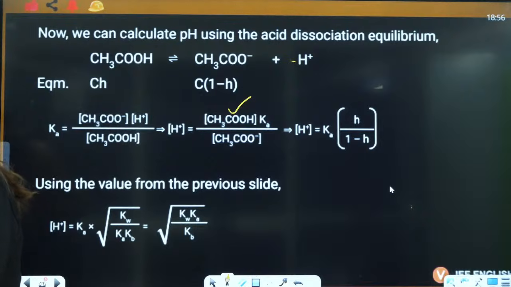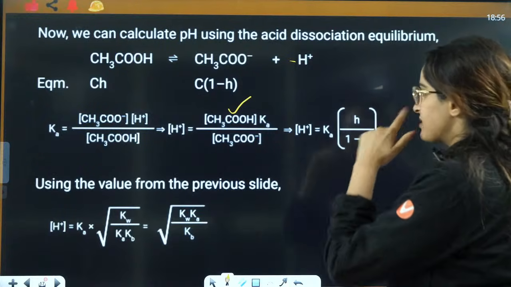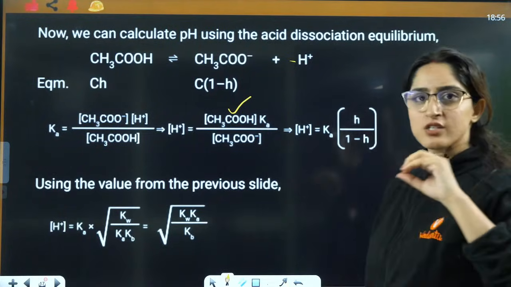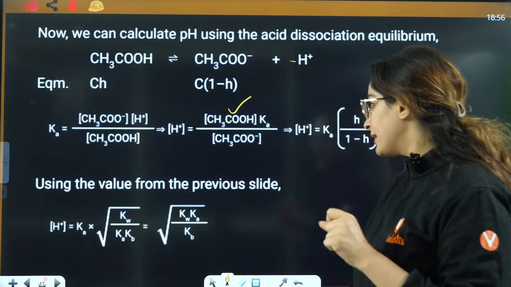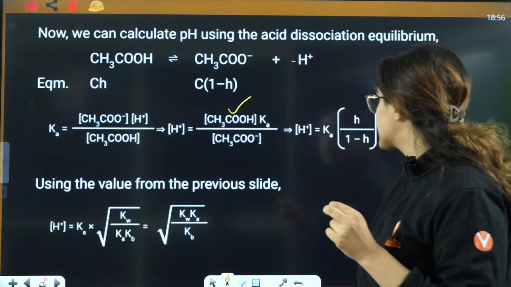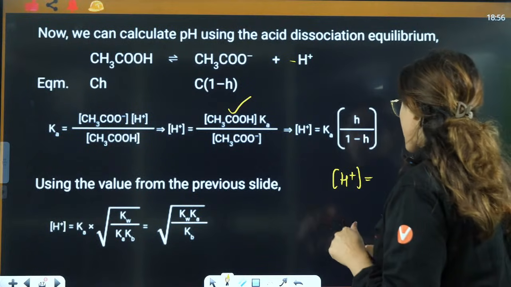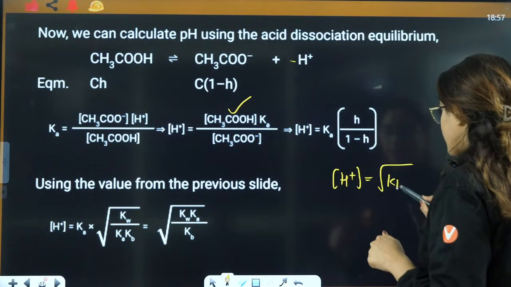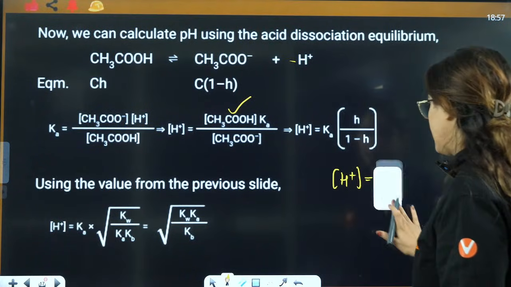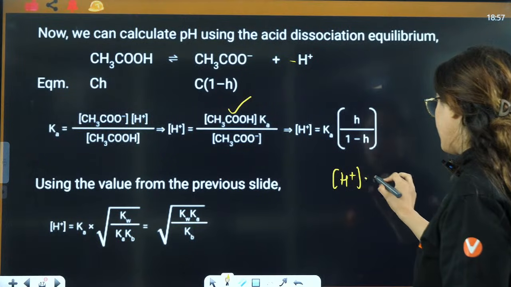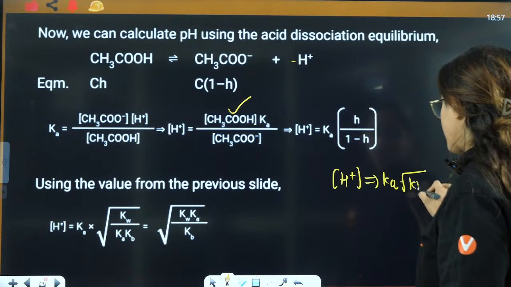Okay, so yes everyone, let's see what we were doing. We were doing how this derivation works, because you should know how we got to this conclusion. But in the end, I would ask you to remember a few things here: H positive in this case is not equal to the square root of KH multiplied by C, but it is equal to Ka multiplied by the square root of KH.